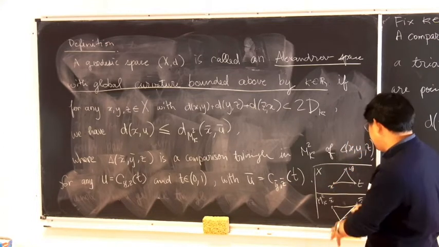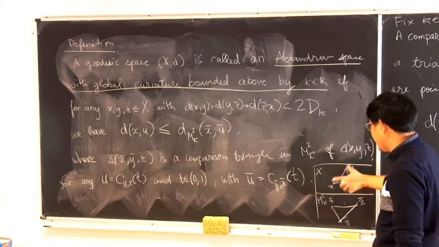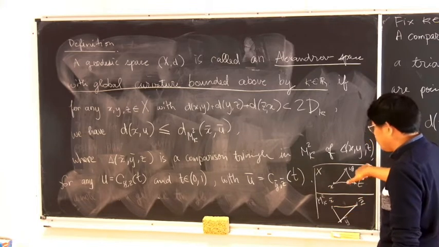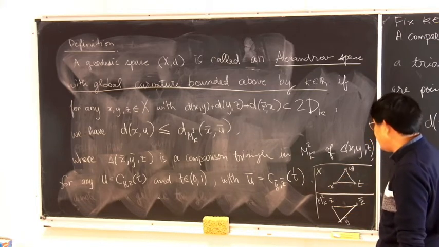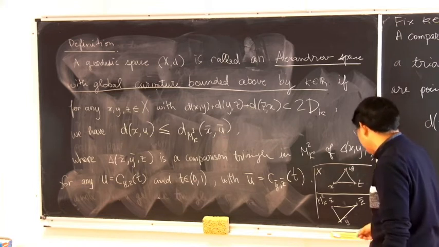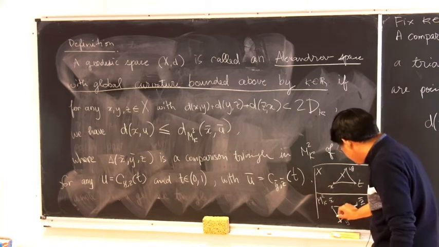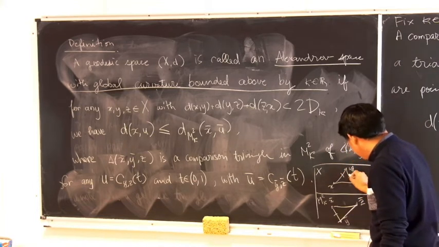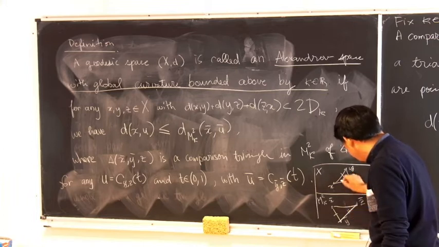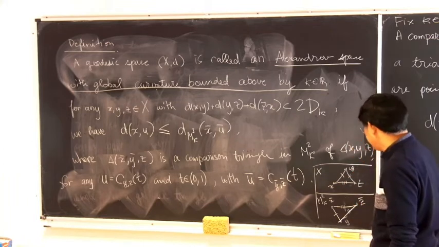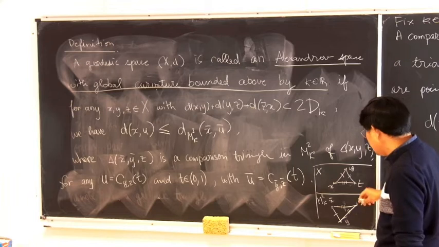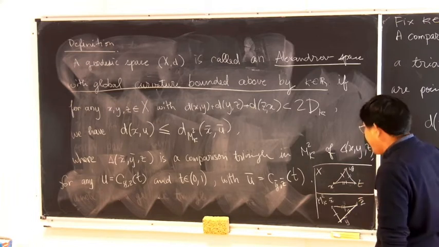Okay, there is no need to keep the orientation or anything. It can rotate around, it can flip, as long as you have the similarity between the two triangles. Okay, and then we compare like this.